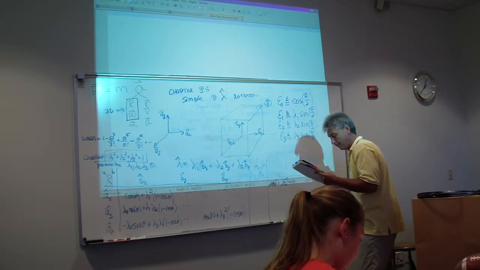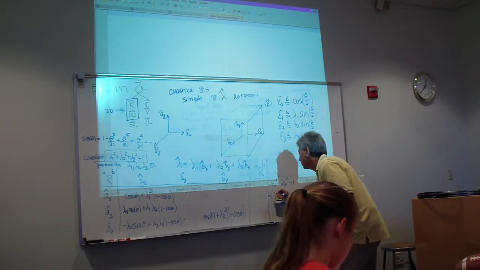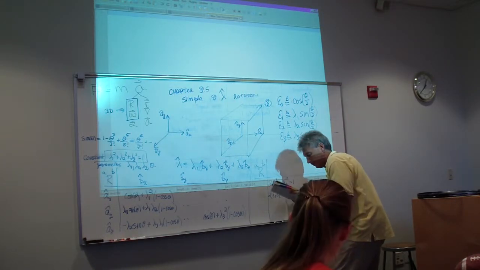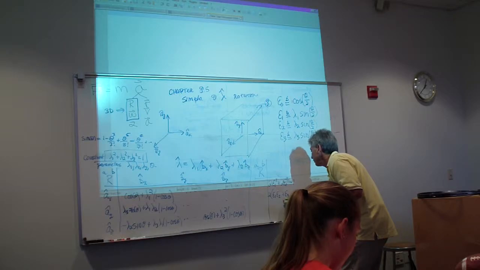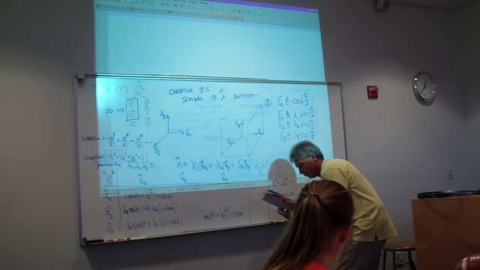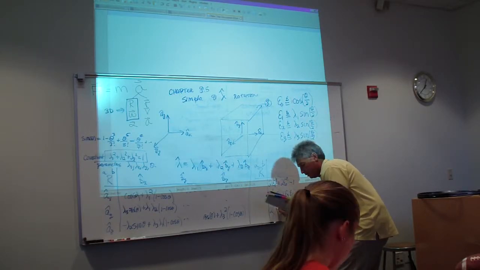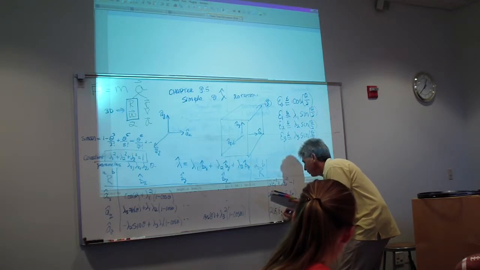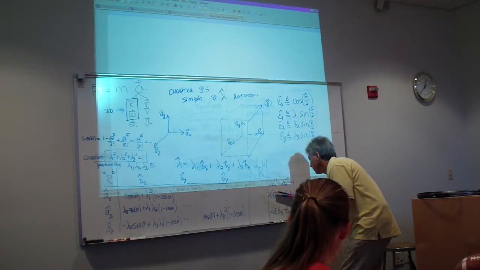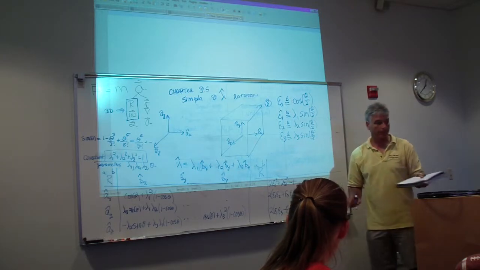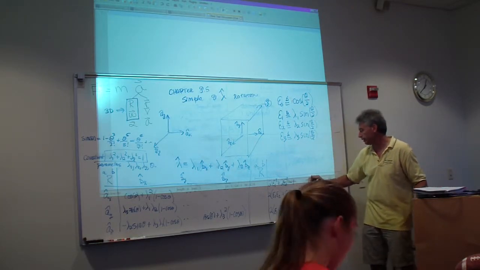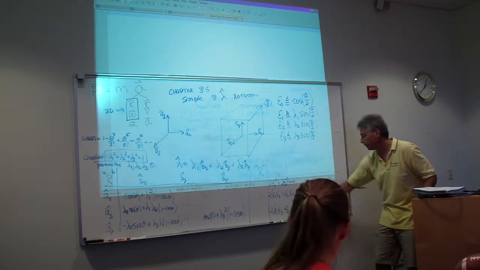That's the first term. The next one is 2 times quantity E1, E2 plus E3, E0. And the last one is 2 times E1, E3 minus E2, E0. All right, so now we start counting, and there's a few more here, but they look very similar.